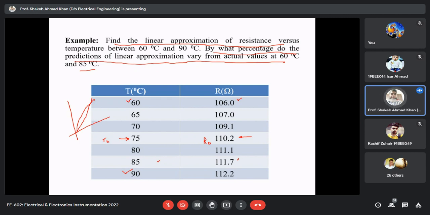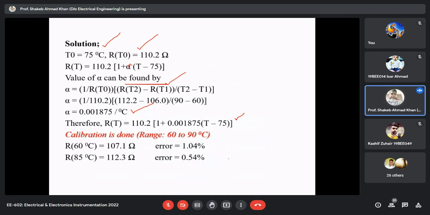But it is not necessary that the approximated value will be the same. So here I had written that calibration is done for the range of 60 degrees to 90 degrees Celsius. Now I calculated with this equation the value of resistance at 60 degrees Celsius.